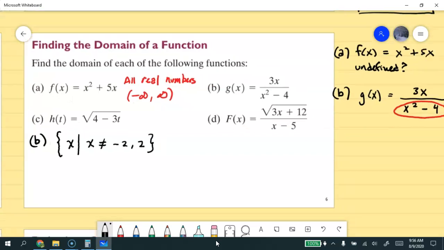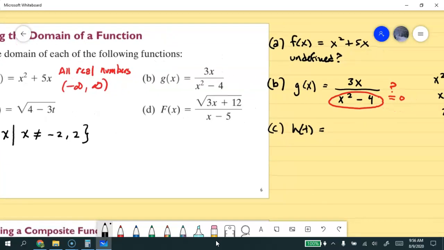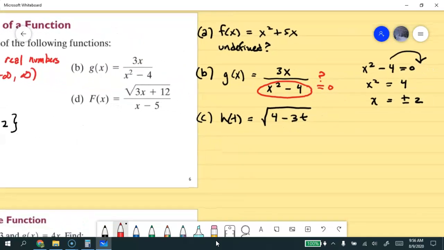Okay, let's take a look at letter C. Letter C says h of t is equal to the square root of 4 minus 3t. Okay, now you again have to think about, is there anything that would cause this to not be defined? And if you can't think of anything, well, let me help you out. Have you ever tried taking a square root of a negative number?